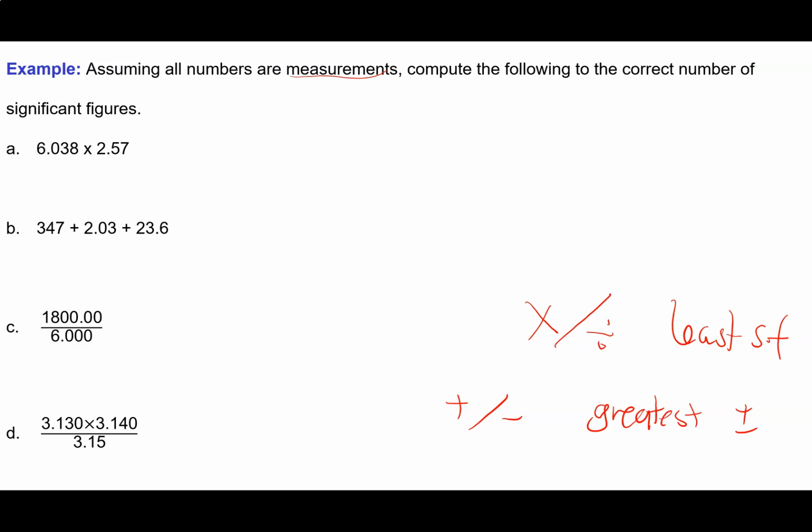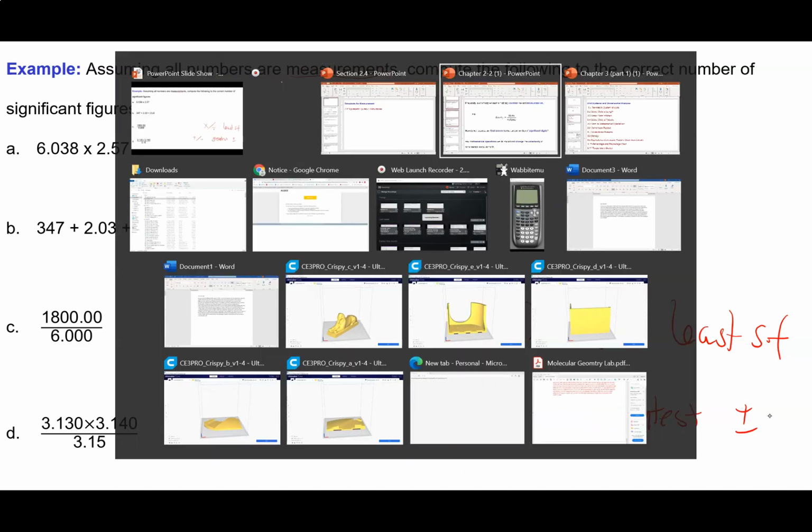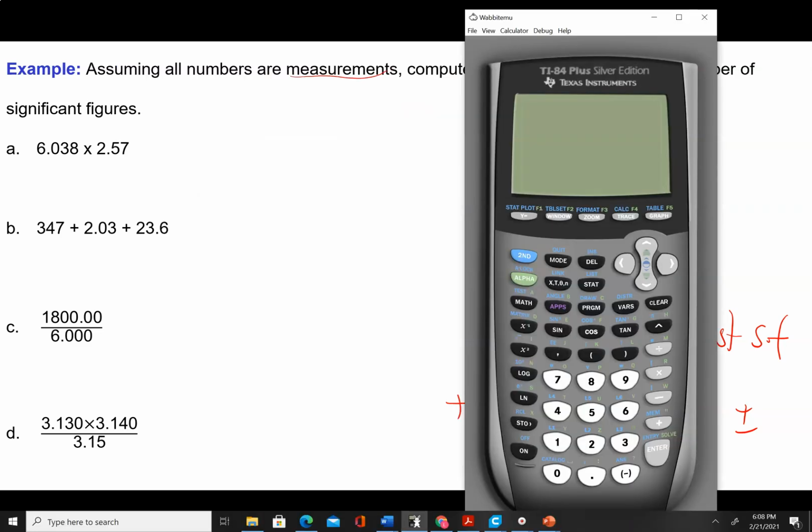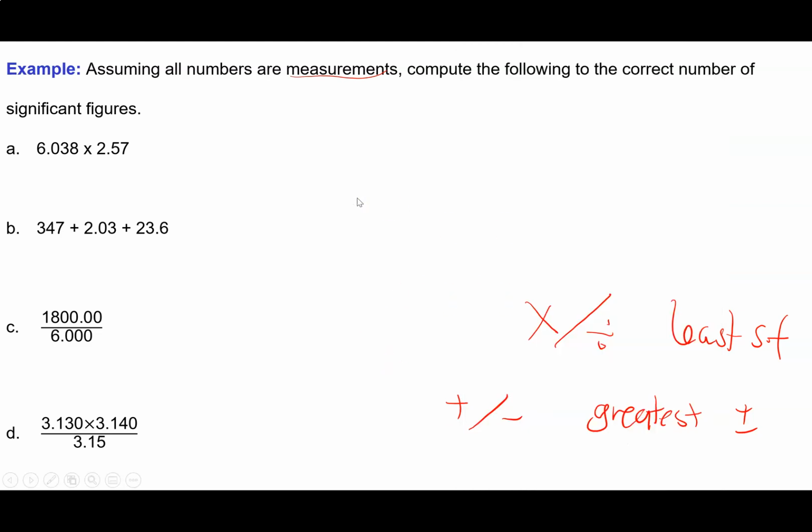So let's pop a calculator up. There we go, and see what we've got. Actually, before we do that, let's decide on our sig figs for each of these things. So this is multiplication, so we're going to go with the least sig figs. This first number here has got 4 sig figs. This second one has got 3. So whatever our answer is, we're going to do 3 sig figs.